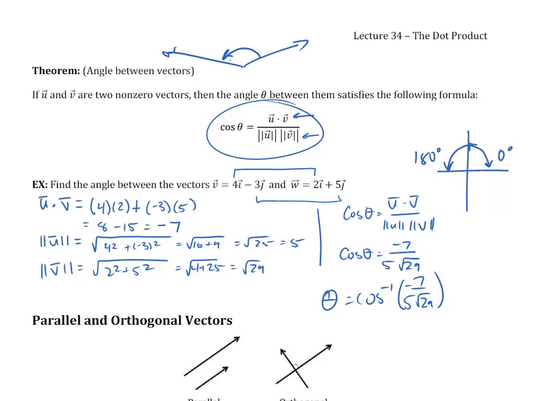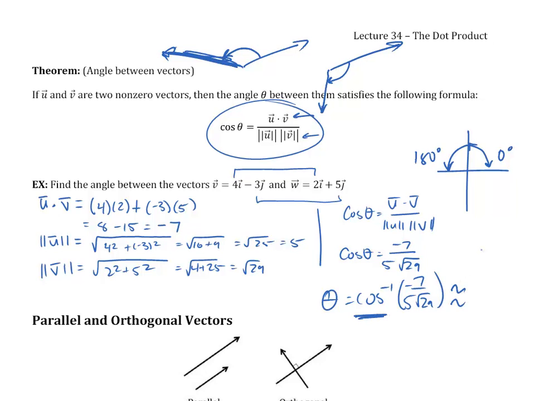The angle between them is always going to be between 0 and 180 degrees, because if this vector were to rotate around any further and we end up with something down here, we're going to find this angle, which is always between 0 and 180 degrees. So use the cosine inverse to find that.